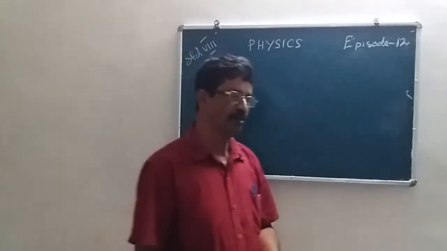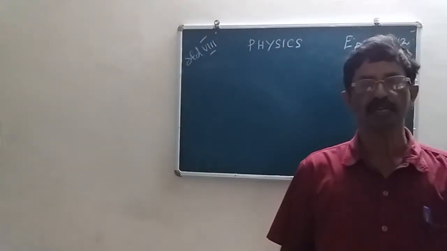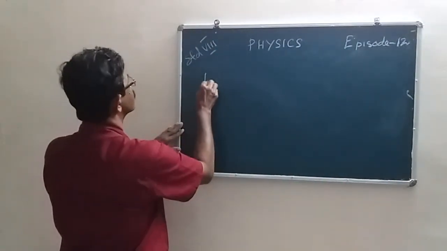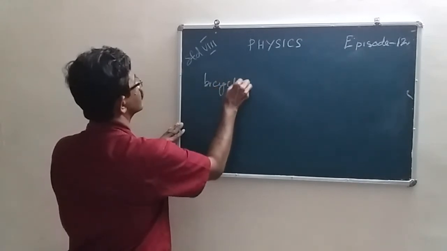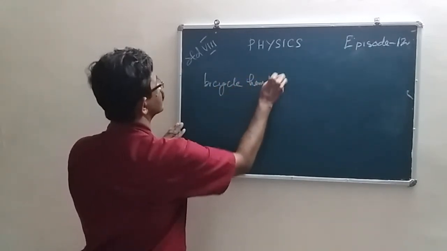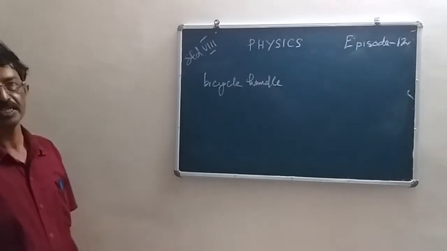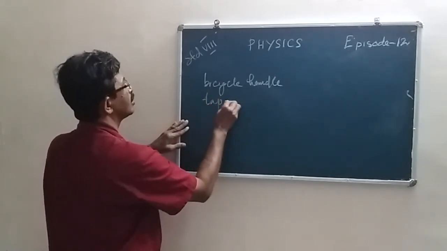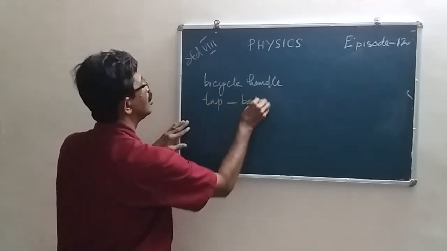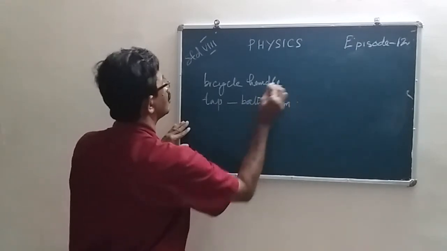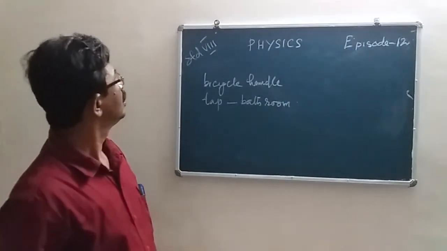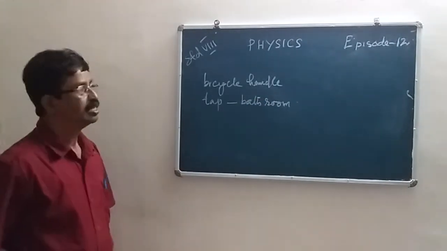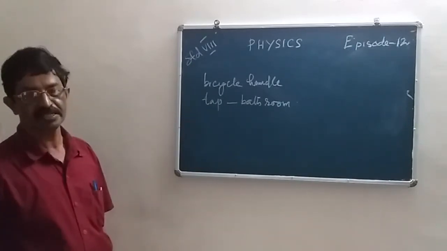Suppose, all we come across: the handlebar on a bicycle is electroplated. Then another one, the water tap, especially used in the bathroom, not plastic, is also electroplated.